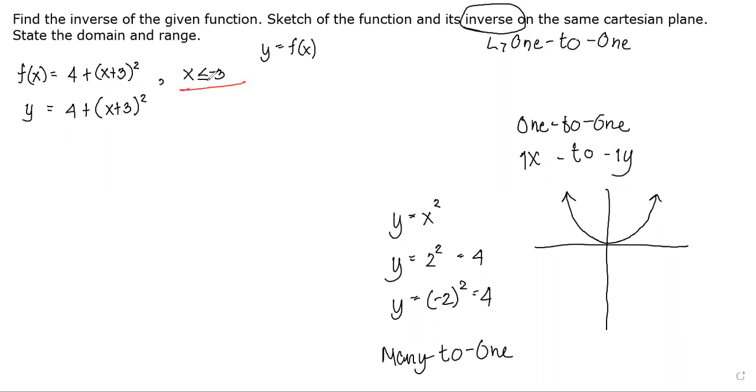Naka-restrict siya, x is less than or equal to negative 3. So, dito, i-restrict din natin siya. Let's say, yung nasa right lang. So, ibig sabihin, ang restriction niya ay x is greater than or equal to 0. So, kapag ito lang yung part na yan, 1 to 1 na siya. So, ibig sabihin, may inverse na siya.